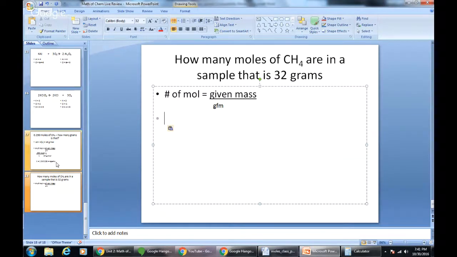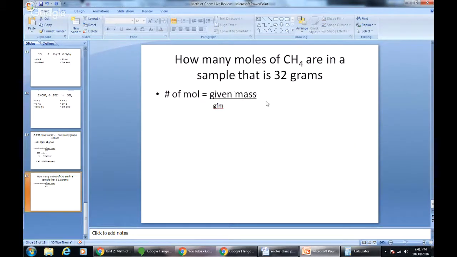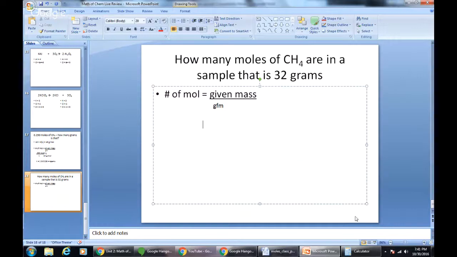We also calculated gram formula mass. That's where you add them all up. So that equals GFM. Number of moles, that's X, is equal to given mass, they gave you 32 grams.